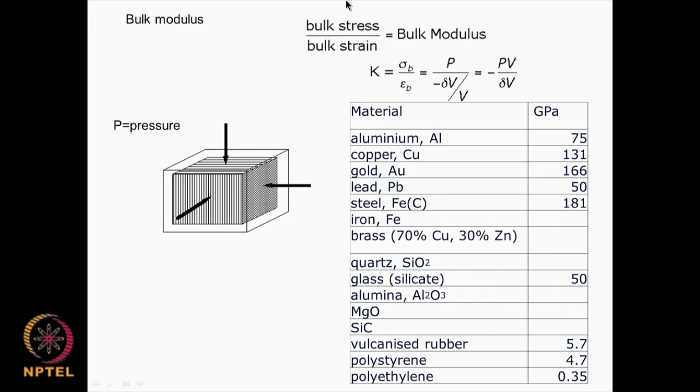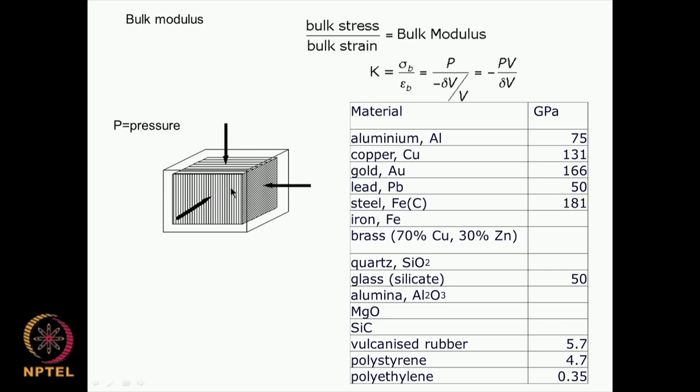Then there is something called bulk modulus. Bulk modulus is uniform compression of material, because of pressure. Suppose a material is dipped inside a vessel containing fluid acting with a certain pressure. The material is undergoing compression in all directions. So there is a bulk stress and there is a bulk strain.